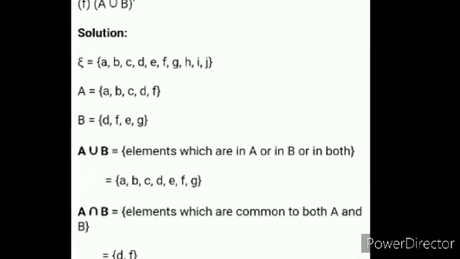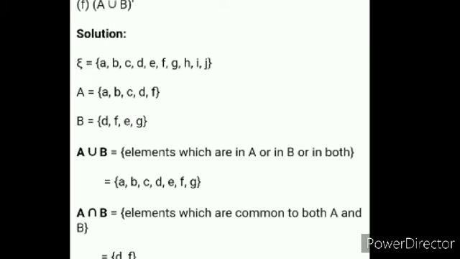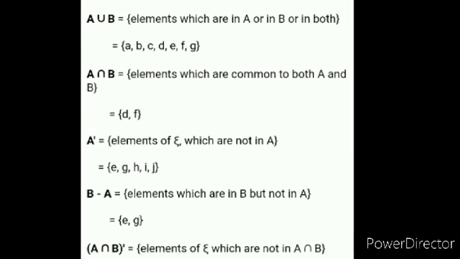And A dash means the complementary set of A. We consider only the elements of the universal set which are not in set A. It is called the complementary set.